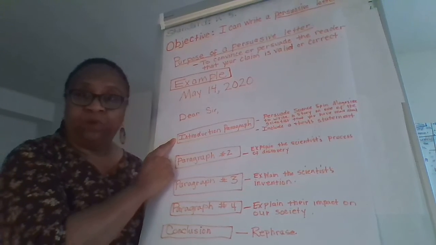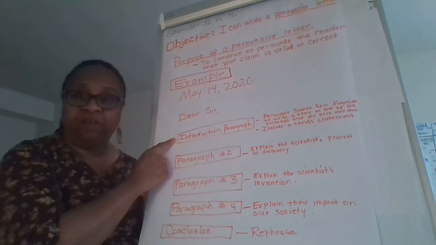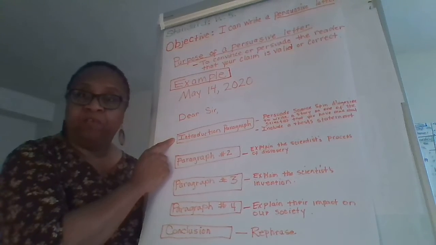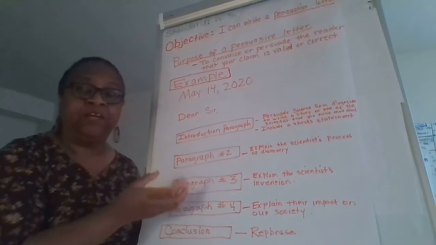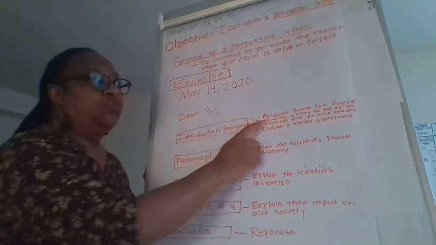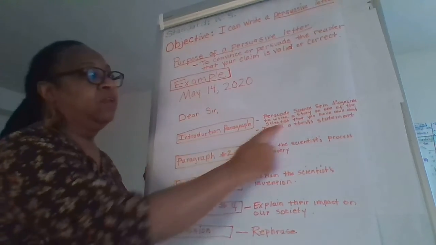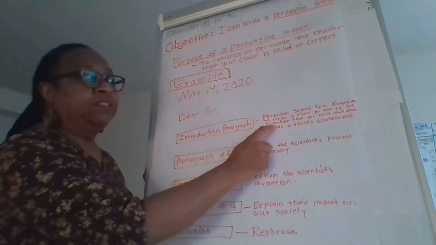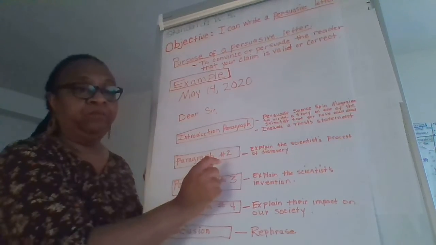Next, we're going to write our introduction paragraph. Okay? So in this introduction paragraph for the persuasive letter, we are going to try to persuade the Science Spin magazine to write a story on one of our scientists that we've read about.